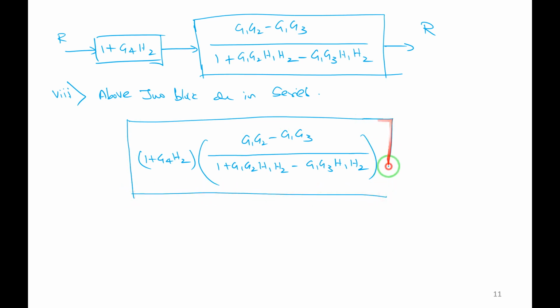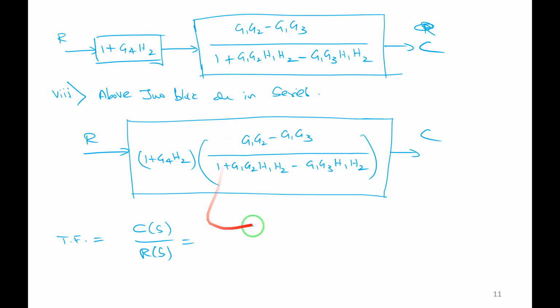Is it fine? So the input is R, and sorry, here the output is C. Now I am getting the single block consisting of the transfer function. What is the transfer function? The ratio of output to the input in the Laplace domain, assuming all the initial conditions to be 0. So C of S by R of S is equal to this entire thing.